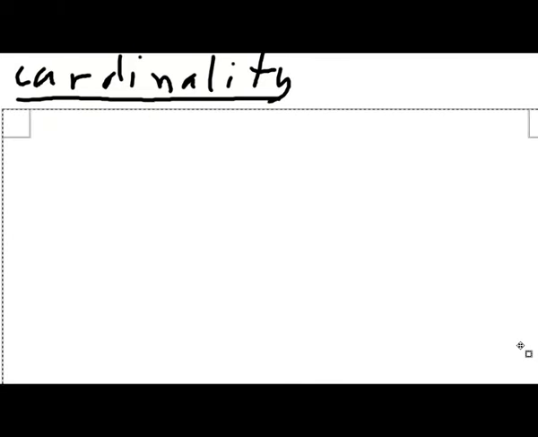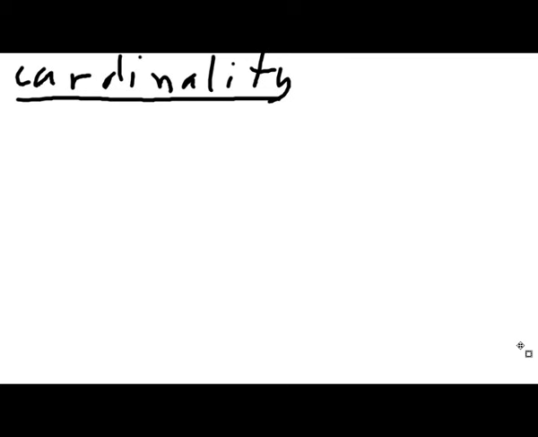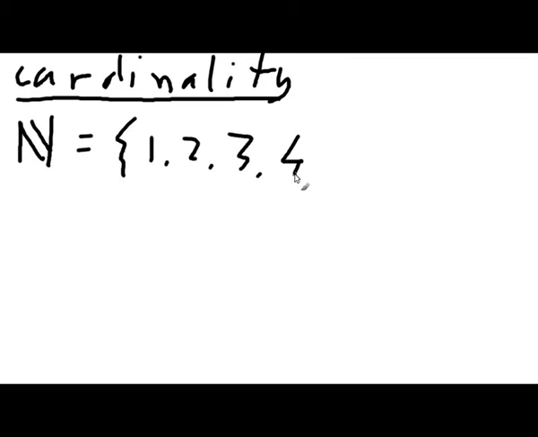So let's consider the set of natural numbers. As we know, the set of natural numbers is the set containing 1, 2, 3, 4, and all the positive integers, right? So that's the set of natural numbers.